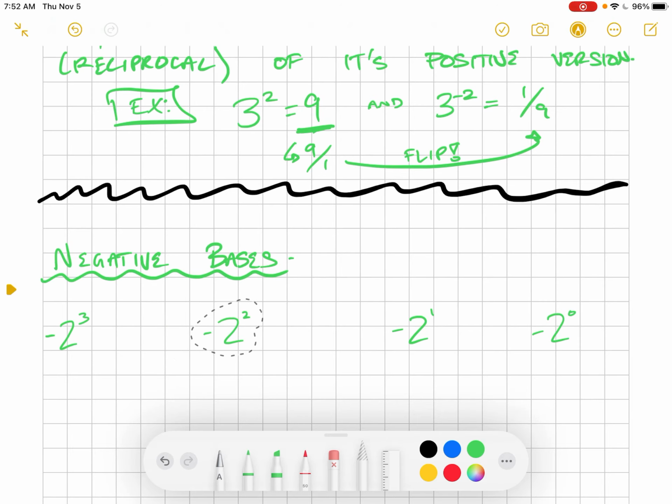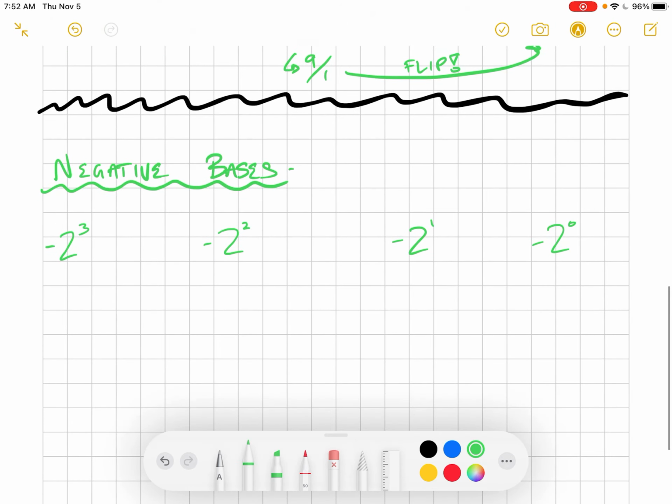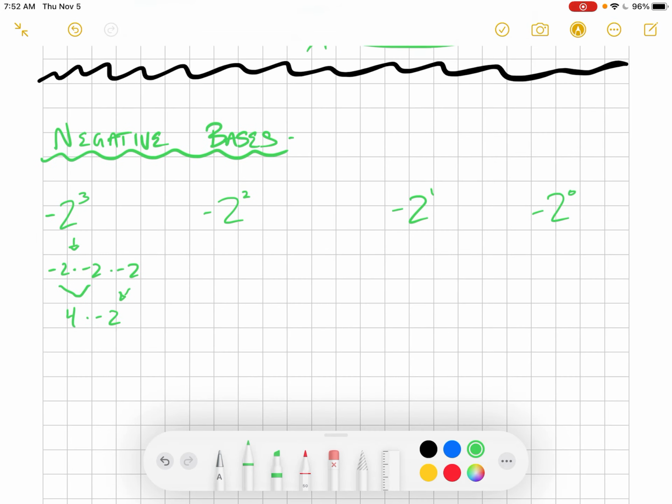All right, so negative 2 to the third power is negative 2 times negative 2 times negative 2. All right, well, a negative times a negative is a positive, right? So negative 2 times negative 2 is positive 4. But then we got to bring down this negative 2 and multiply that as well. And negative times a positive is a negative.